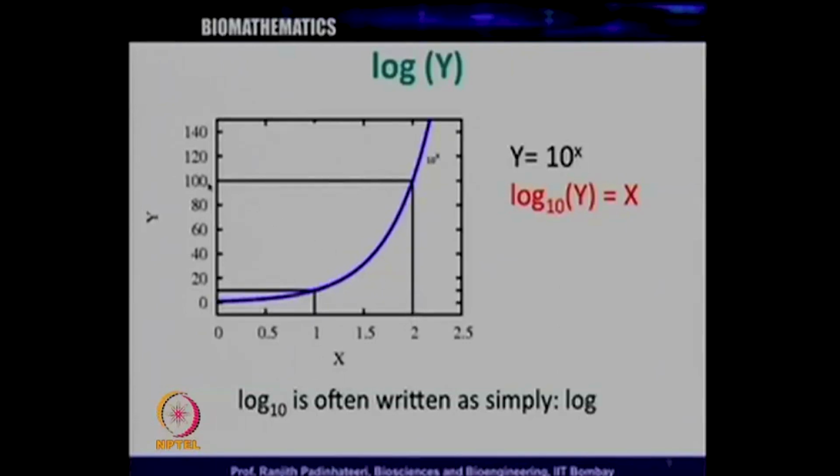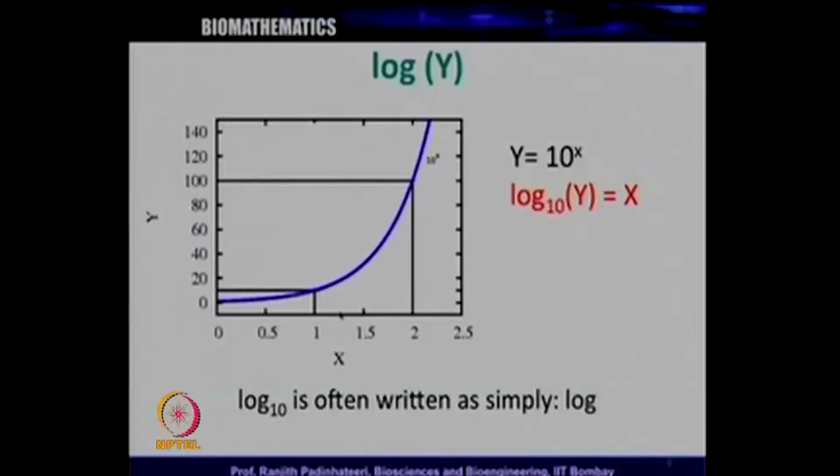When the y value is 100, the corresponding x value is 2. Similarly, this point is 10, which is the middle between 0 and 20. When the y value is 10, the corresponding x value is 1, which we actually know very well.